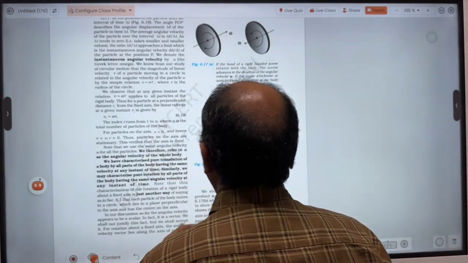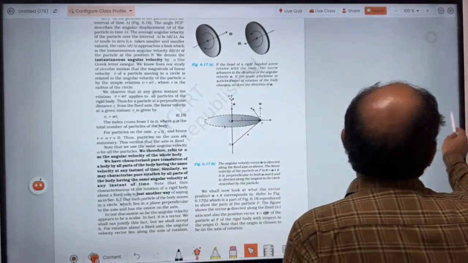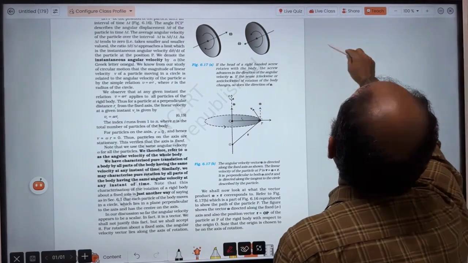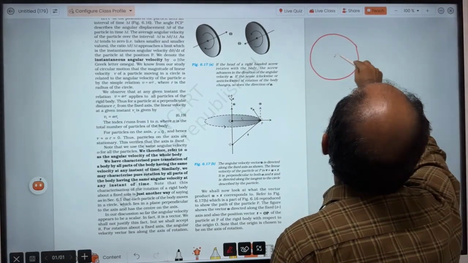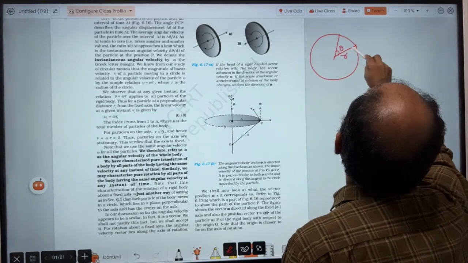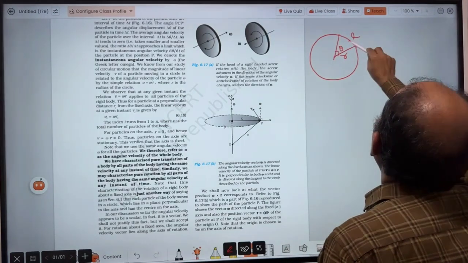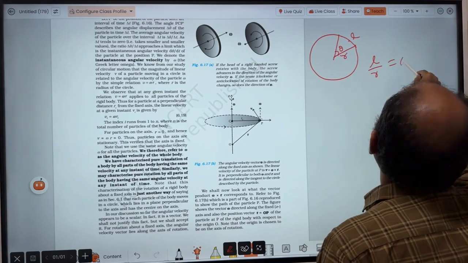Now linear velocity and angular velocity, this concept we have already studied. Suppose we consider circular motion, in that case suppose this angle is theta, this is r, this is the radius, this is the arc, then L upon r equals theta.